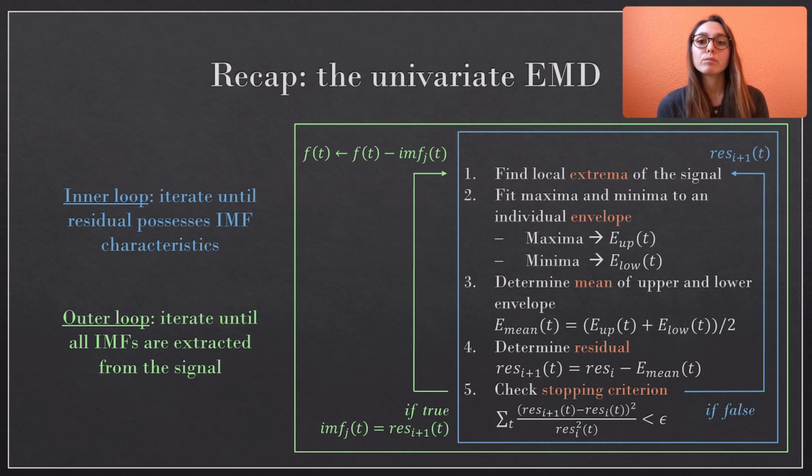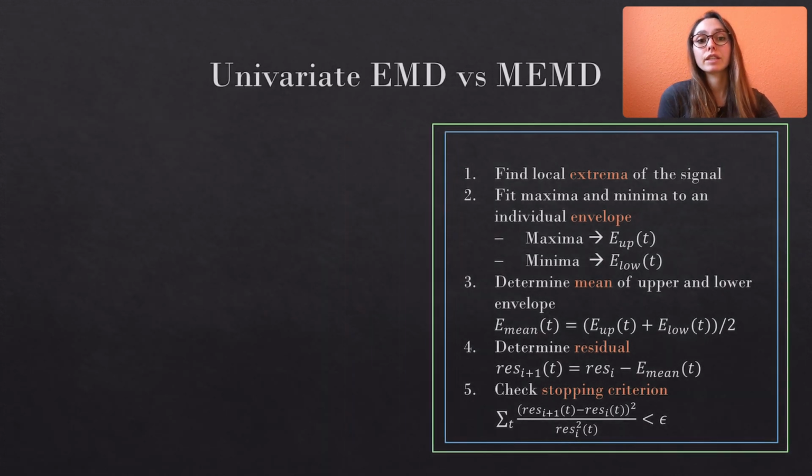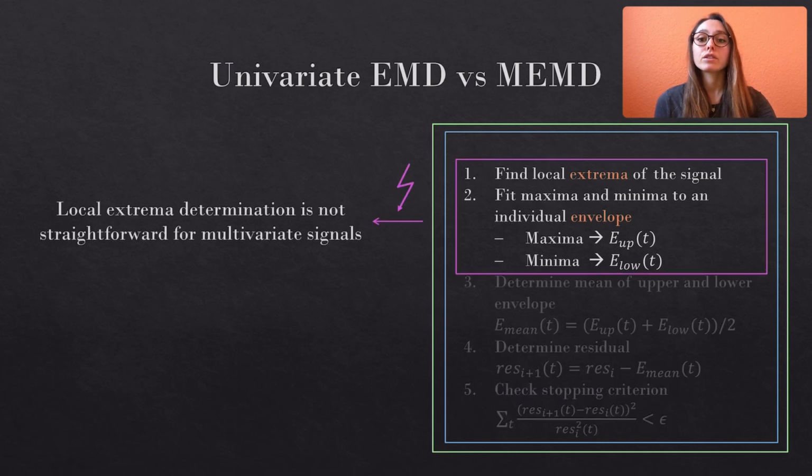Okay, now that we have refreshed our memory about the sifting process for the univariate EMD, we can think of possible differences for a multivariate instead of a single variate input. It is actually the very first step that is not easily applicable to multivariate data.